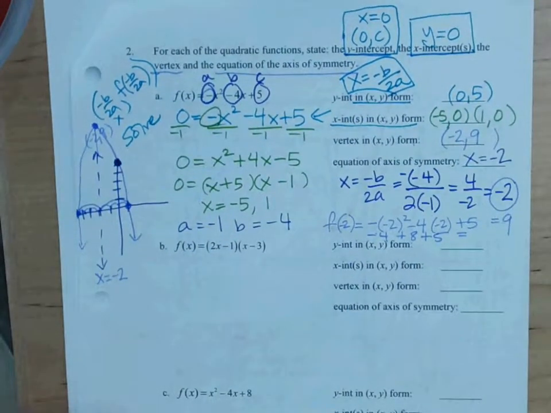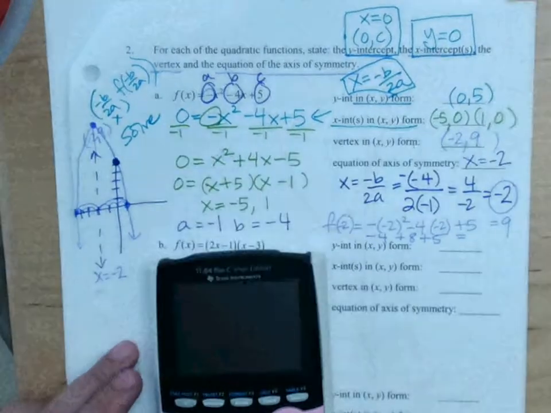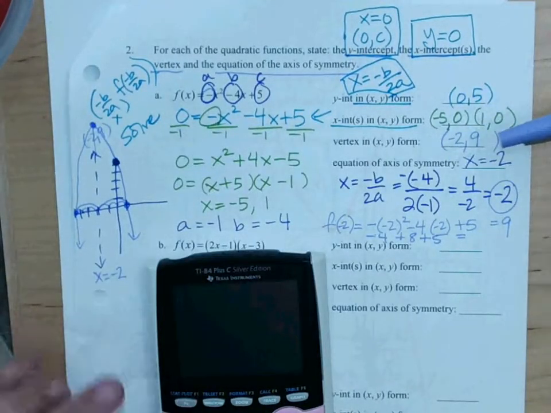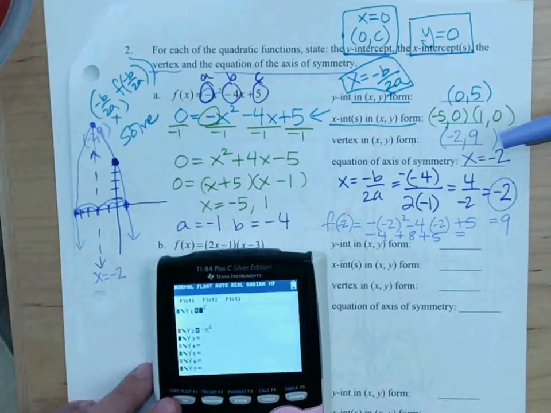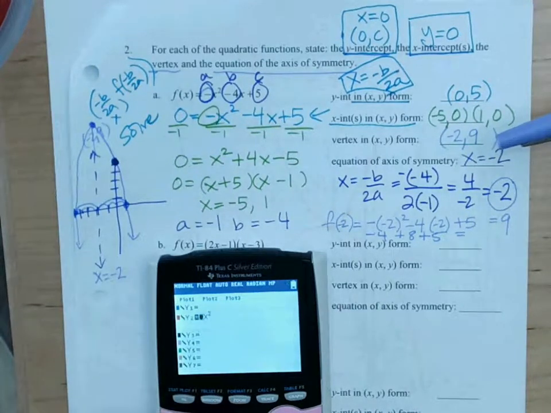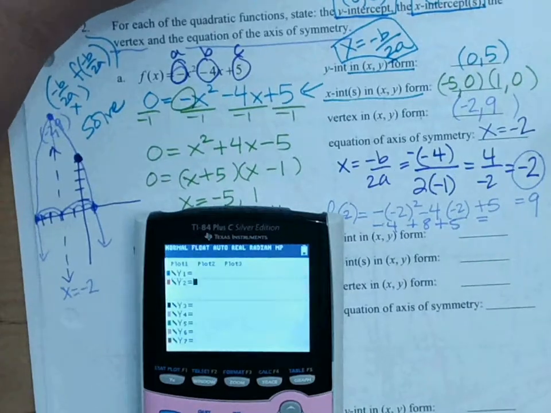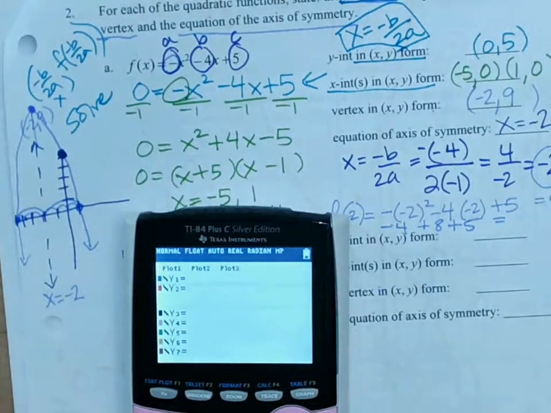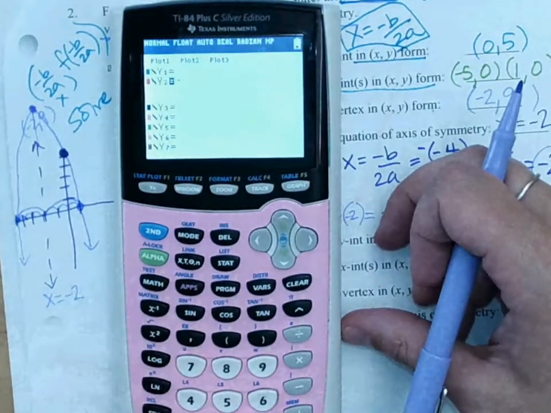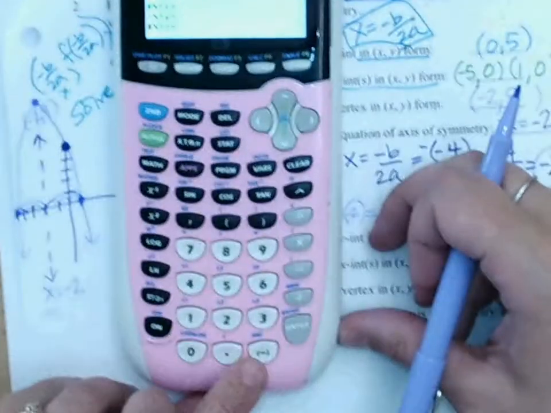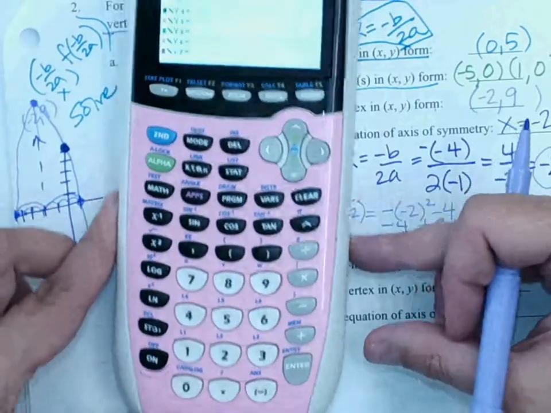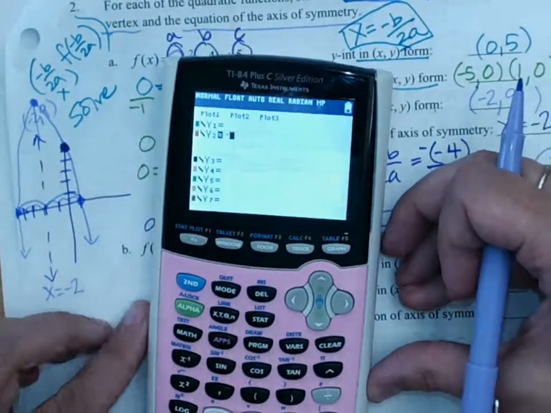So again, if you want to look at this on your calculator, you can also check these points out on your calculator. So turn the calculator on. That's the first rule. I already showed those two. Maybe we should try and zoom this in. Okay, so we got negative. Remember again, if you're using a negative, to use this little negative sign down here, not the subtract, otherwise you will get an error message.